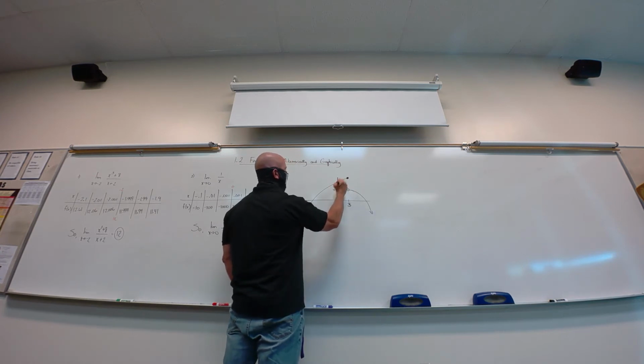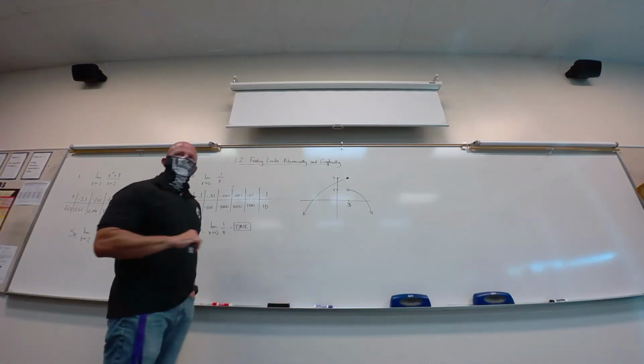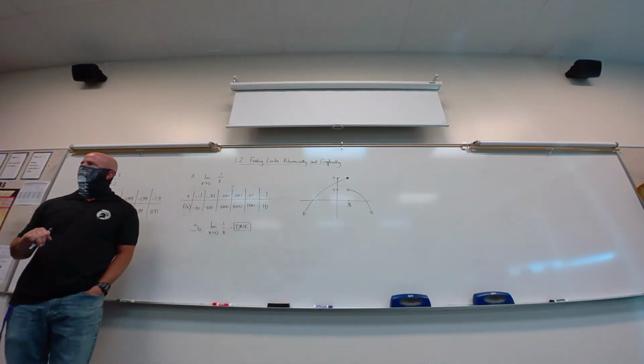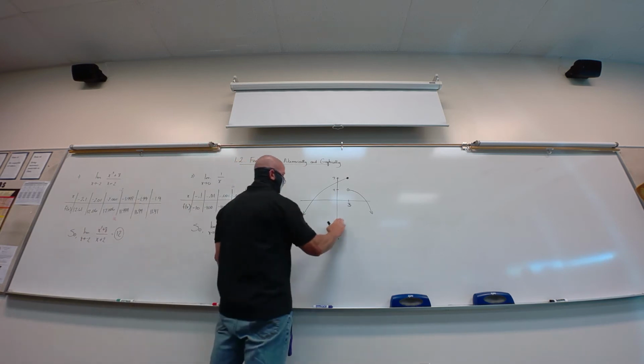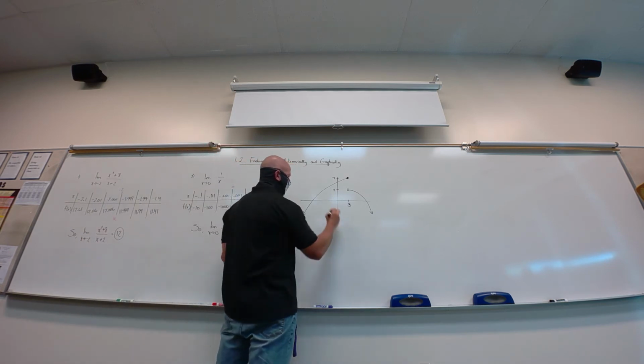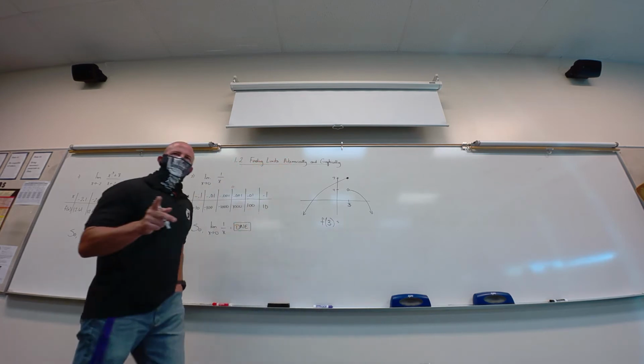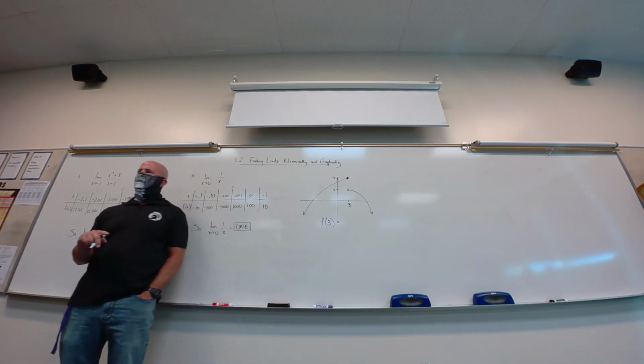We'll say that's 4. We'll say that's 7. Just kind of get some coordinates on there, okay? Now here's what you did yesterday or for your homework. What is f of 3? Would f of 3 be the 4 or the 7?